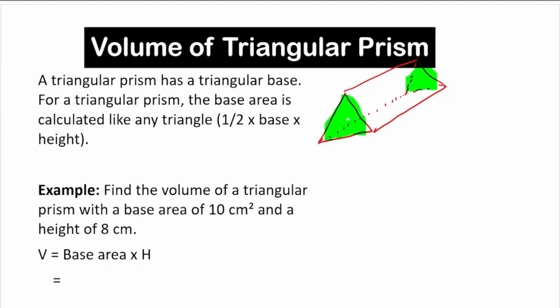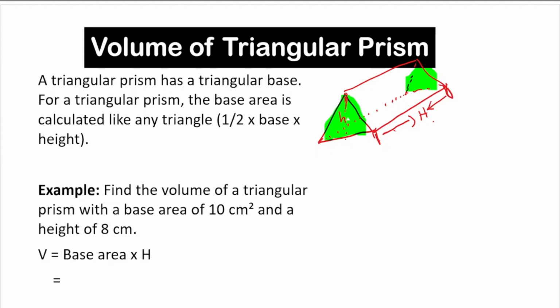The height will now be the difference you have between the base and the top. So this is going to give you the height of the prism. If you are asked to find the volume of this prism, the height of this triangle is quite different from the height of the prism. So this one will be small h. Let's look at this example so that you can understand it better.